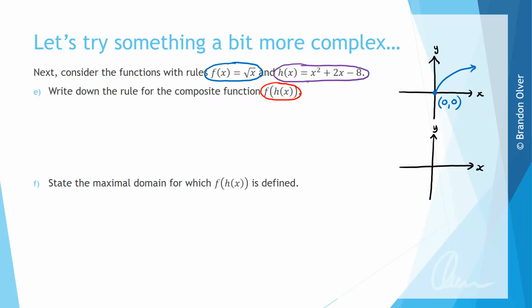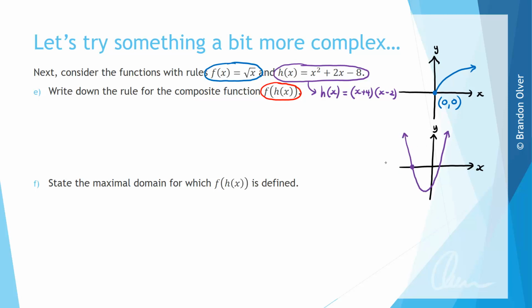And just before we go and do that, we can factorize h of x so that we can find the x-intercept. So h of x can be written in factorized form as x plus 4 and x minus 2. So that means we're going to have an x-intercept at negative 4 and at positive 2, so it's going to look something like this. So that's going to be the function of h of x.